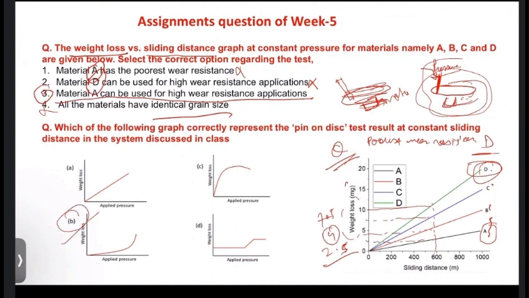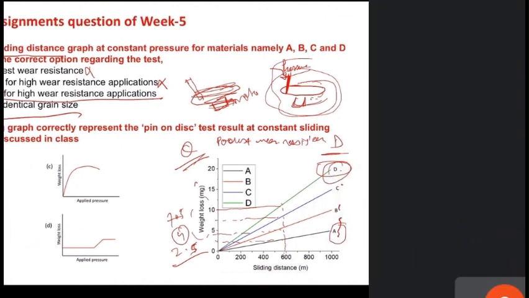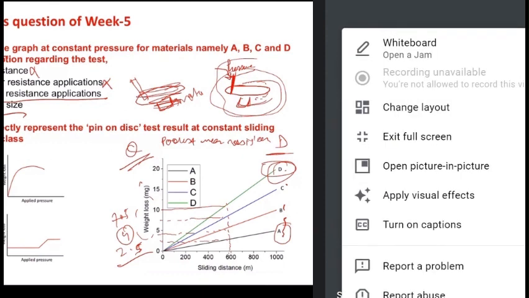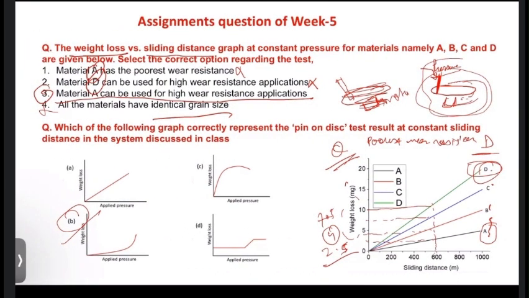Option B is correct. We are applying the pressure.